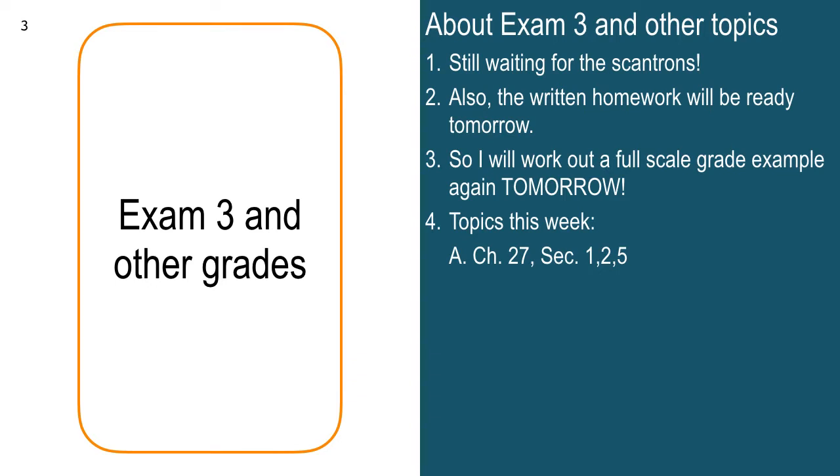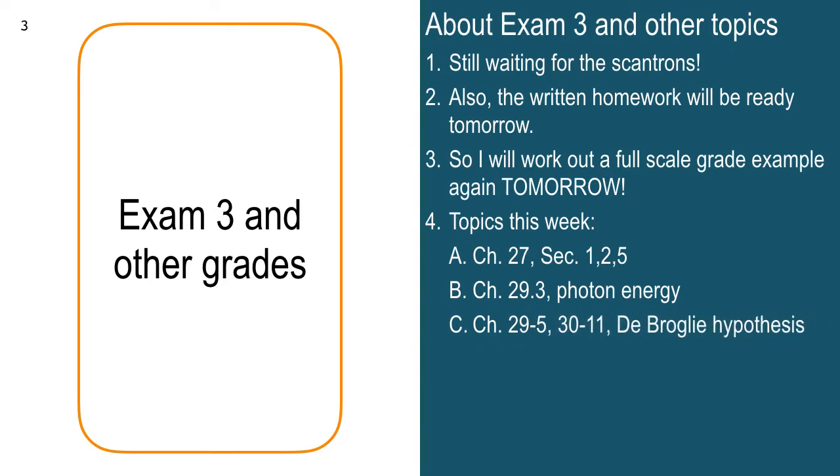We'll make sense of how scientists have done that for the past several decades using diffraction techniques for electrons and X-rays. We'll talk about X-rays primarily. And then tomorrow we'll talk about chapter 29:3, photon energy. A couple other things from chapter 29, the de Broglie hypothesis, and also where the de Broglie hypothesis is mentioned in chapter 30.